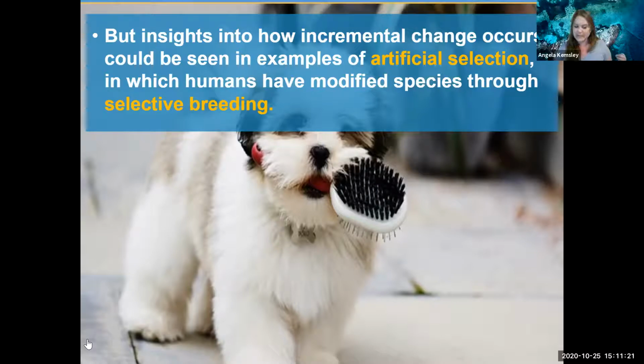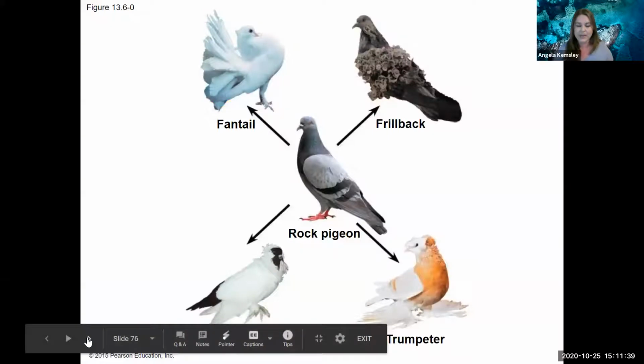It's not natural selection because we are purposely picking these traits that we want, but it's the same concept. It's just happening a lot quicker than natural selection is. So we're able to observe artificial selection and draw some inferences about natural selection from it.